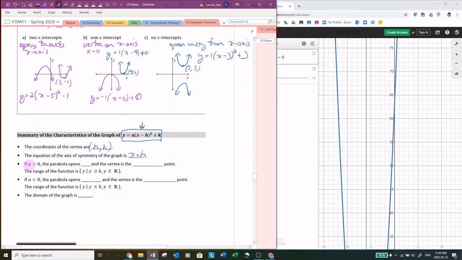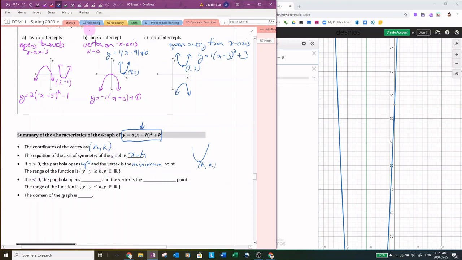If a is greater than 0, the parabola opens up, and the vertex is the minimum point. And the range of the function is y such that y is greater than or equal to k, right? Because it's got to be bigger than this value. This is (h, k) here. And y is an element of the real numbers.